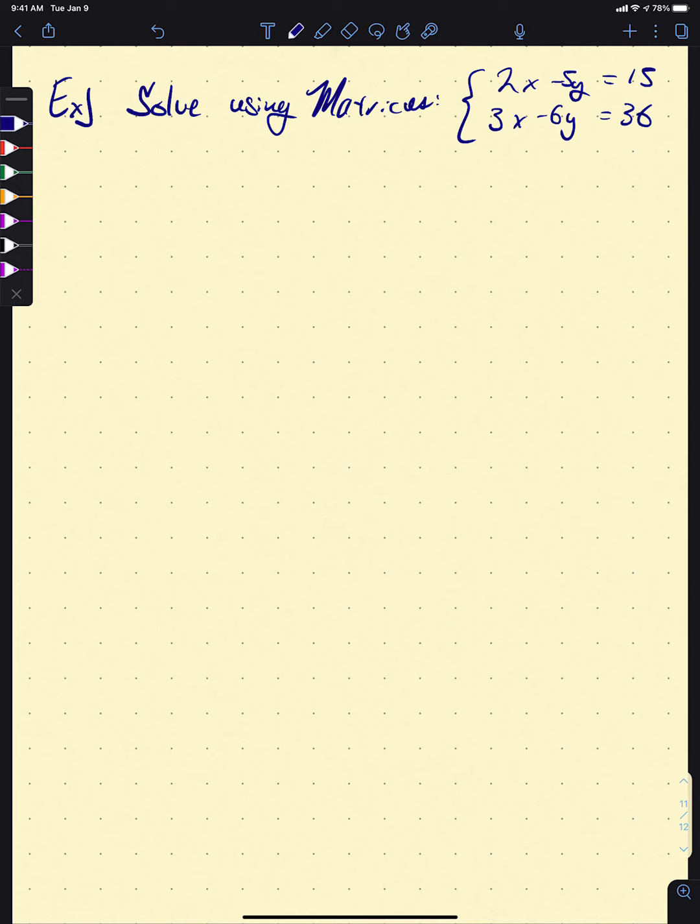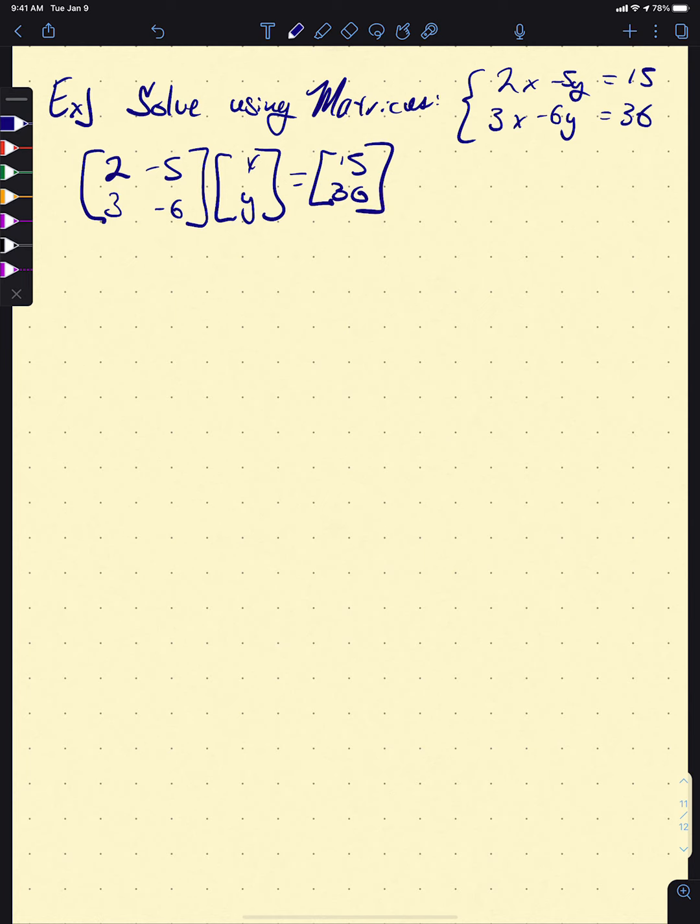When we write this as a matrix equation, we have 2, -5, 3, -6, times xy equals 15, 36, right? Once again, this is our coefficient matrix A, this is our unknown matrix X, this is our B, and we saw before that X is A inverse times B, right?